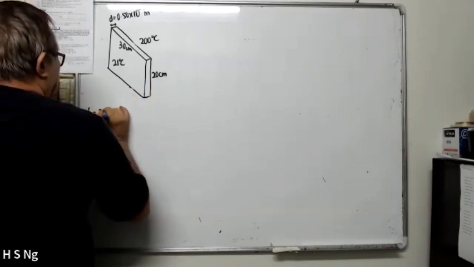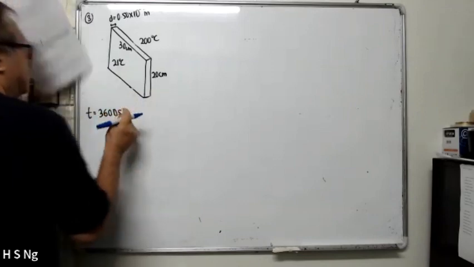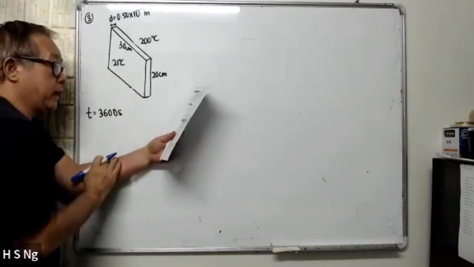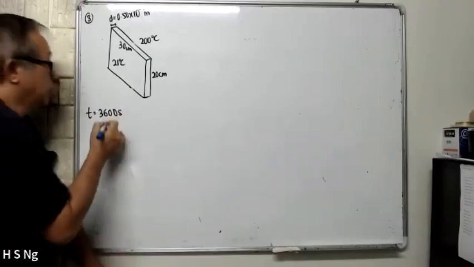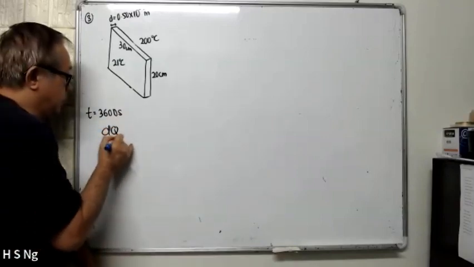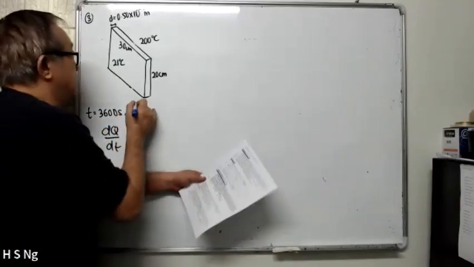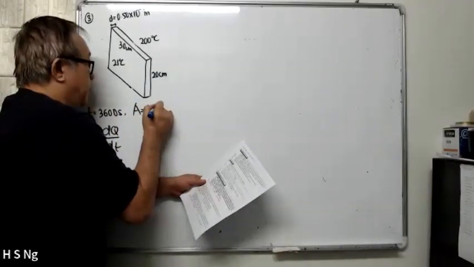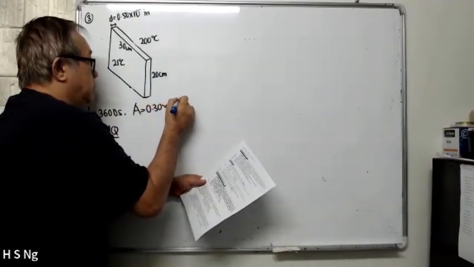So 1 hour is 3,600 seconds. You are given K. So put dQ per dt. Now the area is 0.3 times 0.2.